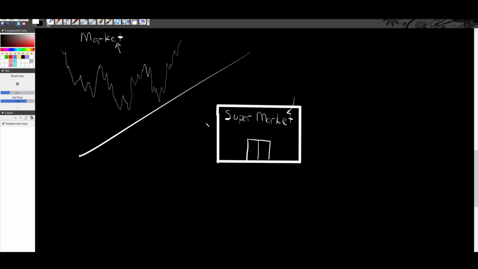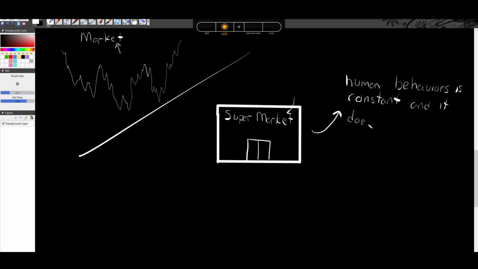Okay. So what I want to get you to understand is human behavior. Human behavior is constant and it doesn't change. At least this is what we need to believe because this is an economic principle.